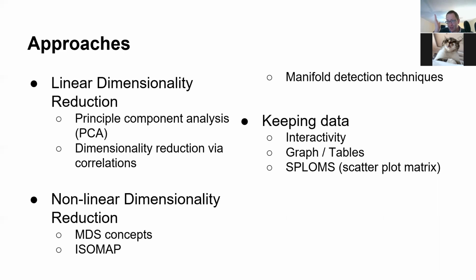So instead of saying, let's find a dimension, we say, what we need to keep in mind is certain interesting shapes in our data, and we have to keep that no matter what. Or we just keep all of our data, which is what we were looking at before, which is if I have a scatter plot matrix, it's just that grid of different scatter plots. We show all the dimensions all at once, all in one big grid.